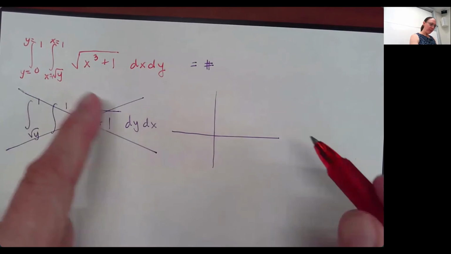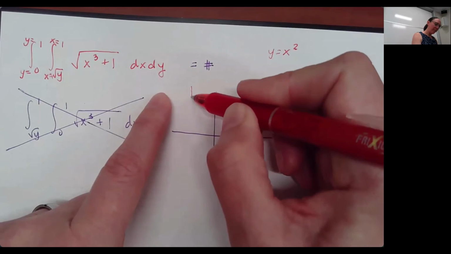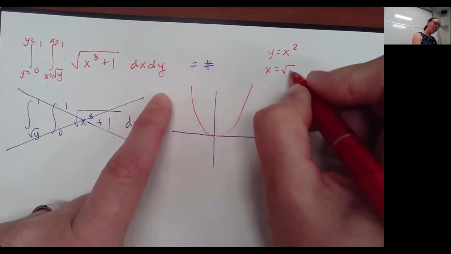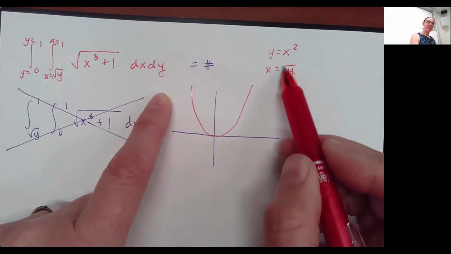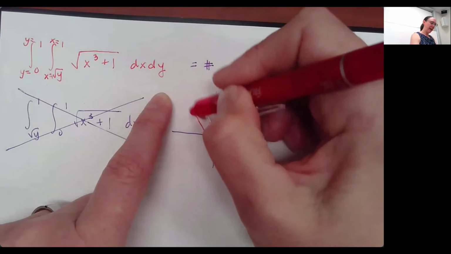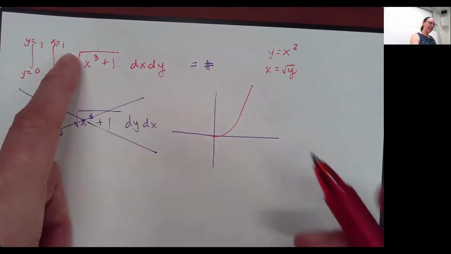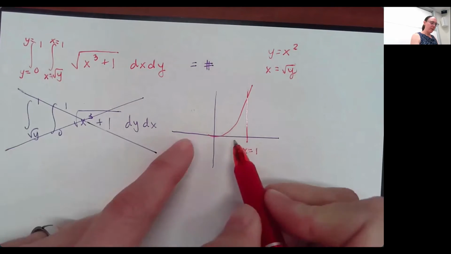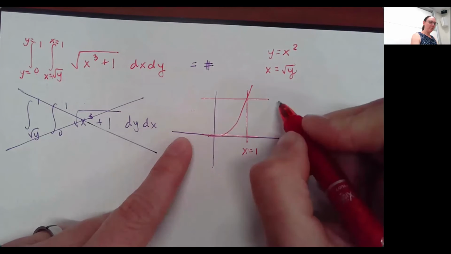So y equals x squared would be an entire parabola. But if x equals the square root of y, a square root can never spit out a negative value. So that means I wouldn't have any negative x values. And then I have x equals 1. I have y equals 0 and y equals 1.